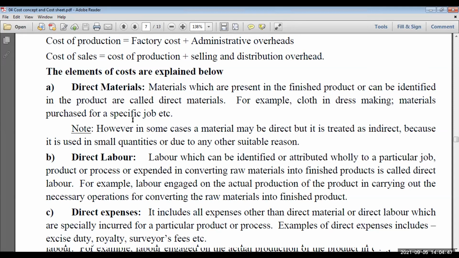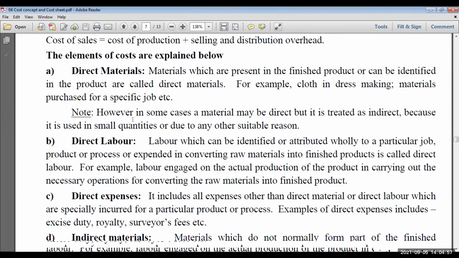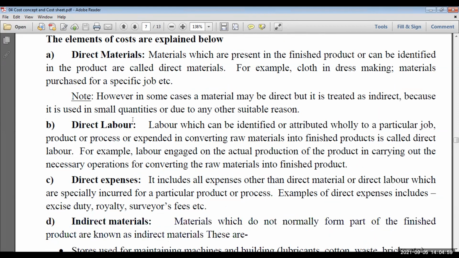Example, labor engaged on the actual production of a product is called labor cost. Then direct expenses include all expenses other than direct material and direct labor, which are specifically incurred for a particular product or a process.